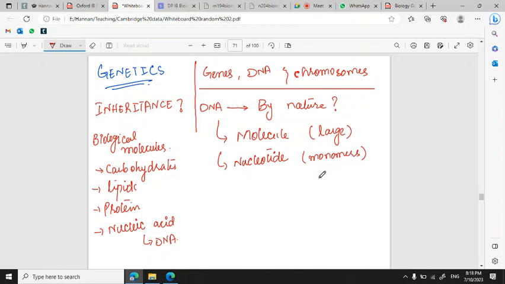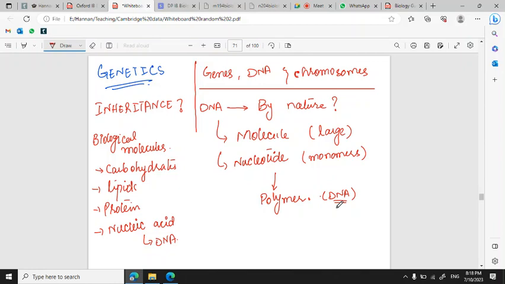It's a single unit of a compound. All these single units can combine and create a polymer, and certainly it means that DNA is a polymer. Alright, we have established a point that DNA is a molecule and it is a polymer.